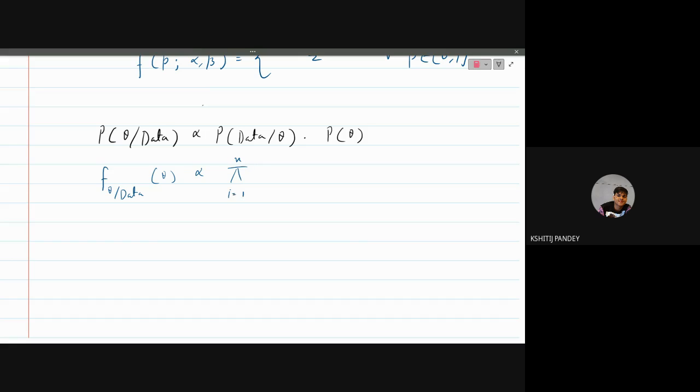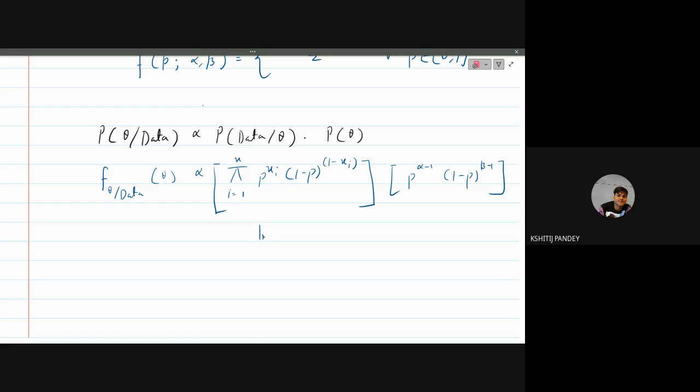This product over i from 1 to n of p raised to the power xi into 1 minus p raised to the power 1 minus xi. This is your likelihood. And your prior is what? You have taken beta prior. And beta prior is p raised to the power alpha minus 1 into 1 minus p raised to the power beta minus 1.